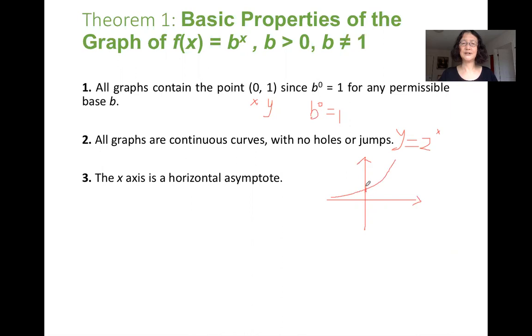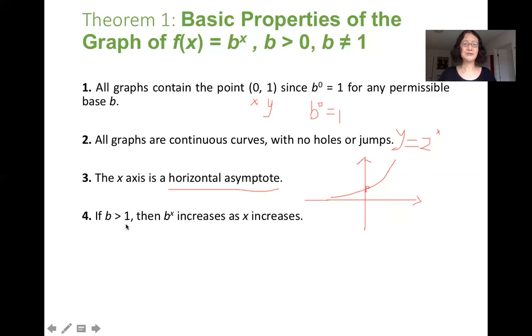And this point is (0, 1). Horizontal asymptote means if in this direction x takes a very, very big negative number, this curve extends forever, but will never intersect with the x-axis. So the x-axis is the horizontal asymptote.